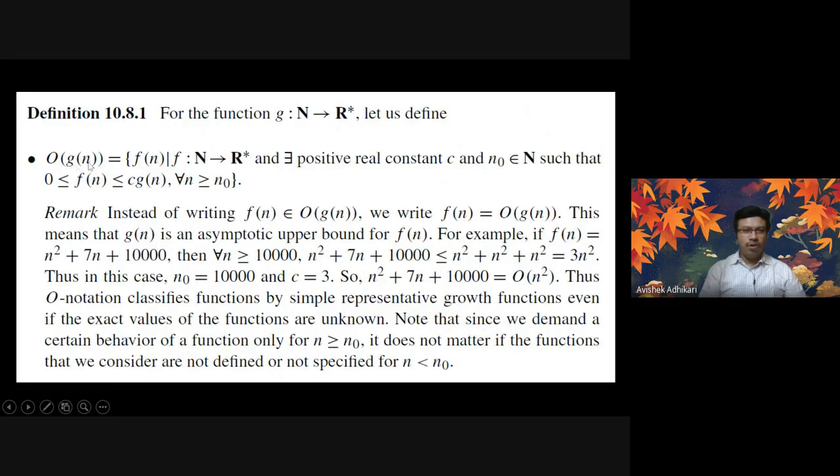So big O of g(n) consists of all such functions such that there exists a positive real constant c and n0 belonging to N such that this value is bounded by that constant times g(n). But from when? For all n greater than or equal to n0. So f(n) is less than or equal to c times g(n) for all n greater than or equal to n0.